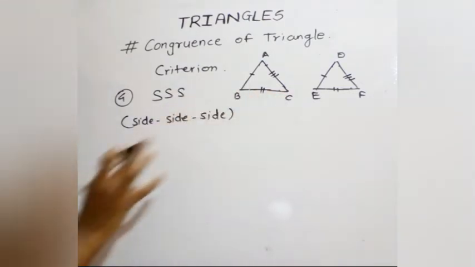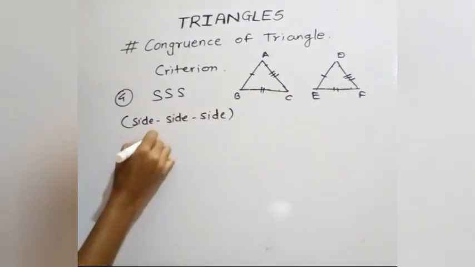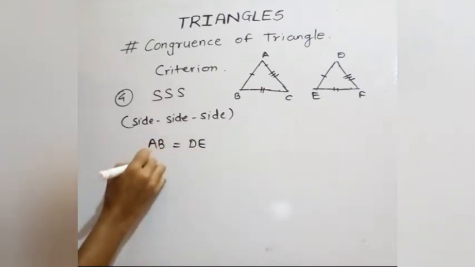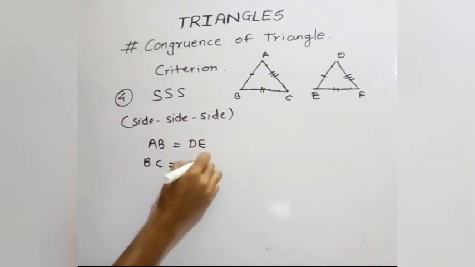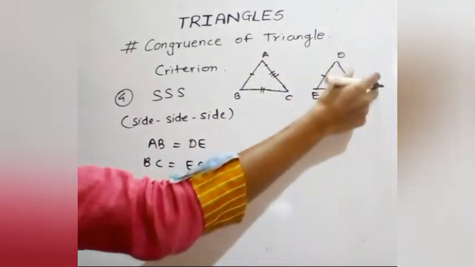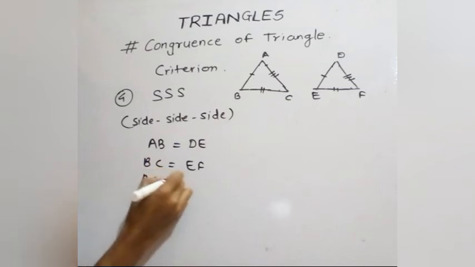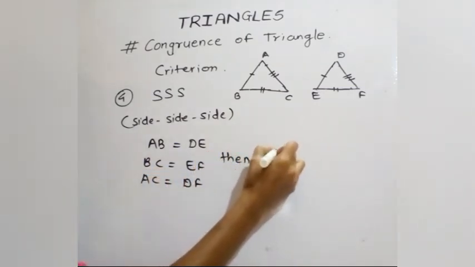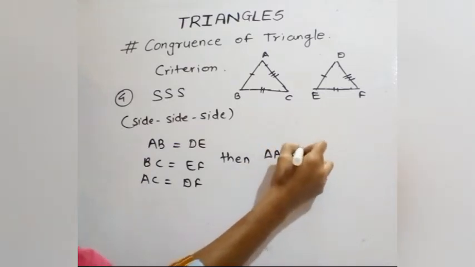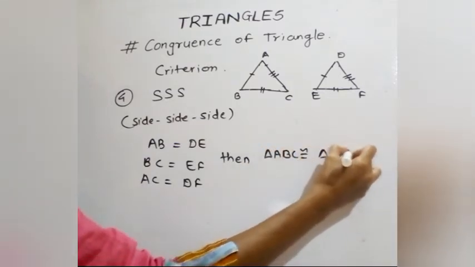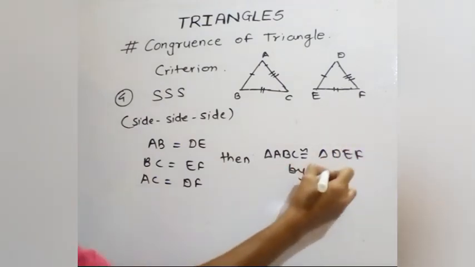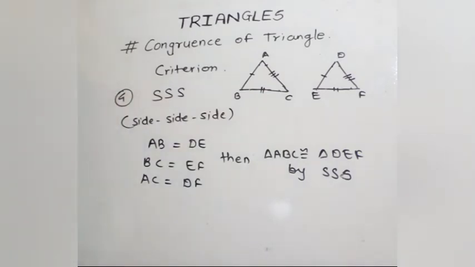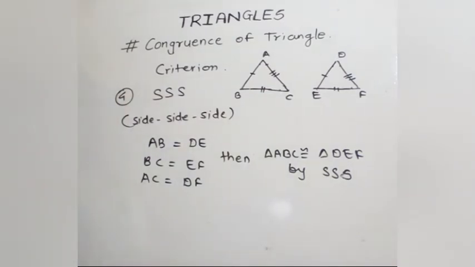Then both these triangles are congruent. Then triangle ABC is congruent to triangle DEF by SSS, side, side, side criteria of congruence of triangle.